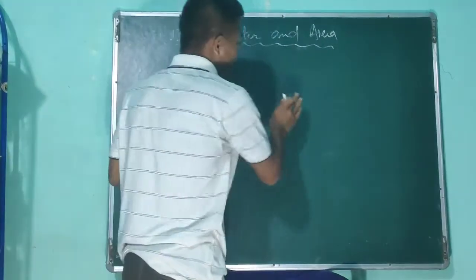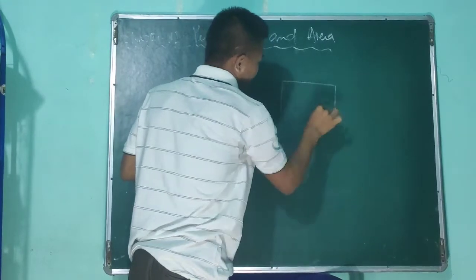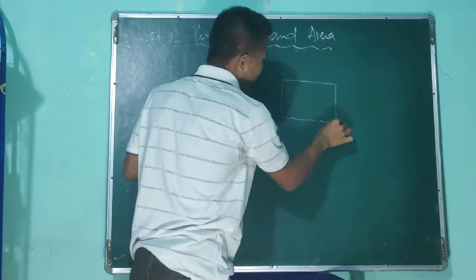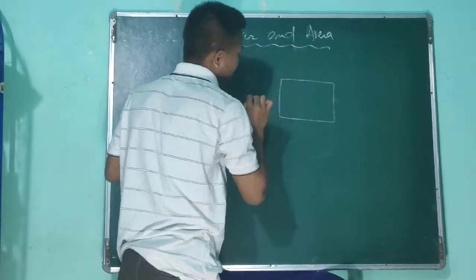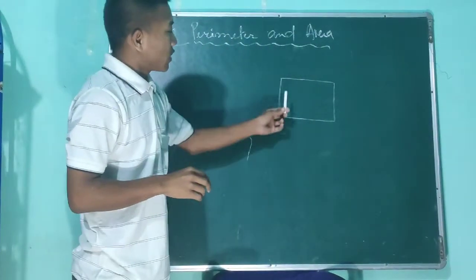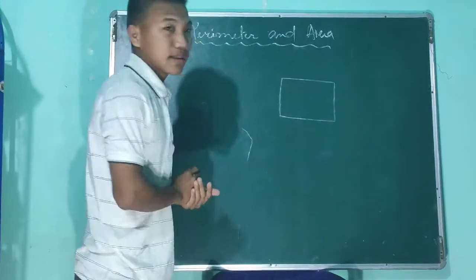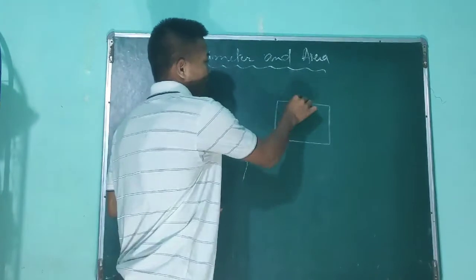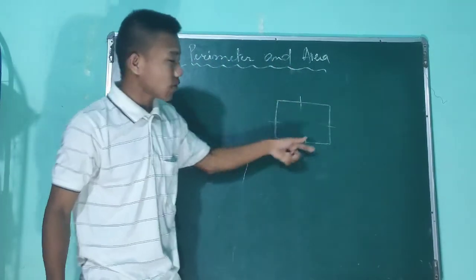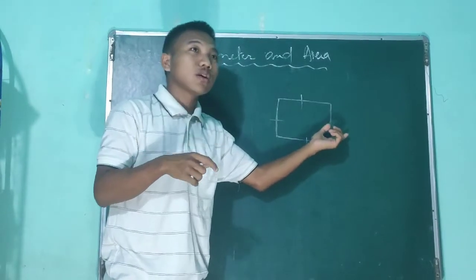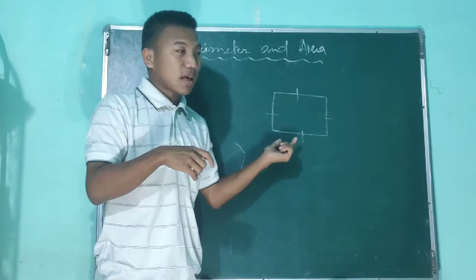Let me give you a figure here. For this figure, if I say find the perimeter, then I will have to add all the sides. The sum of all the sides of any particular figure will be called the perimeter of that figure.